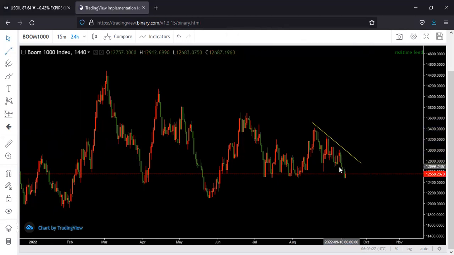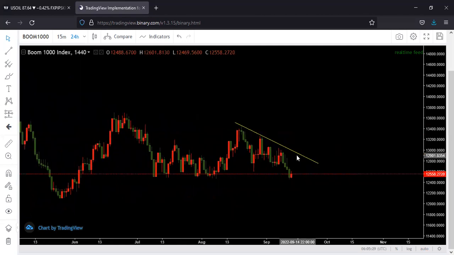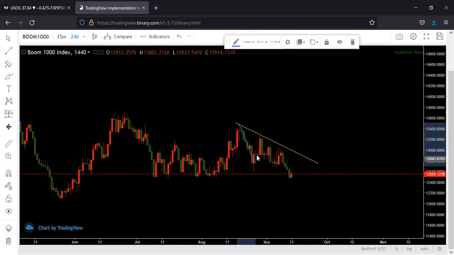So you see here on the daily time frame, we are having this kind of movement. Price is trending to the downside. We have this impulsive move to the downside, then a correction, and as we know, what is coming next is the impulsive move, based on our nature theory.